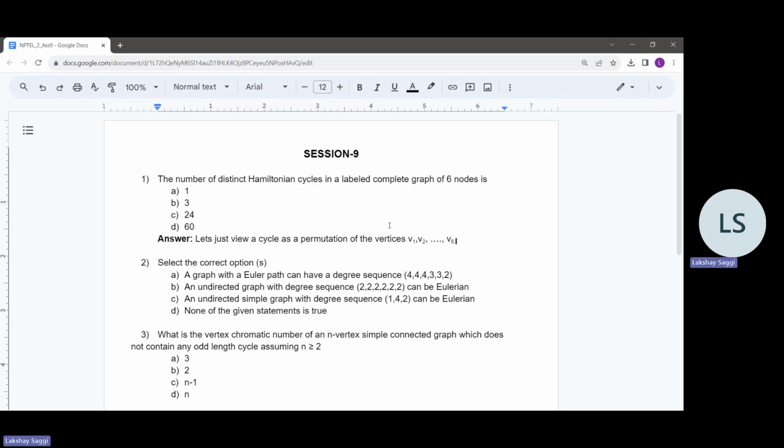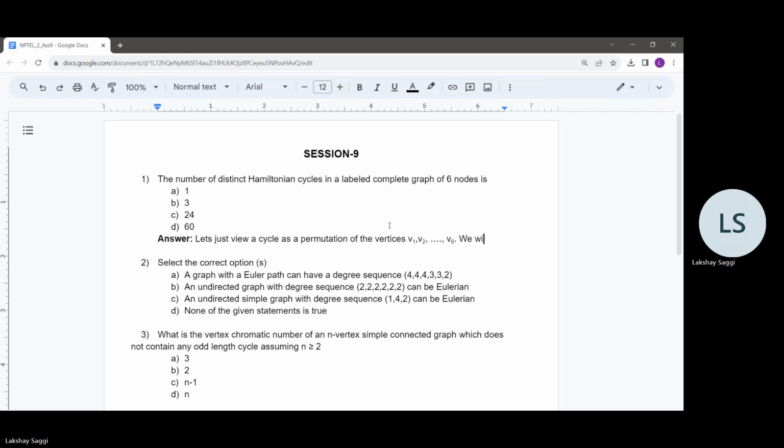If we list out all the permutations of the vertices V1 to V6, then what we can try to do is relate the number of permutations to the number of Hamiltonian cycles. This is how we'll proceed.